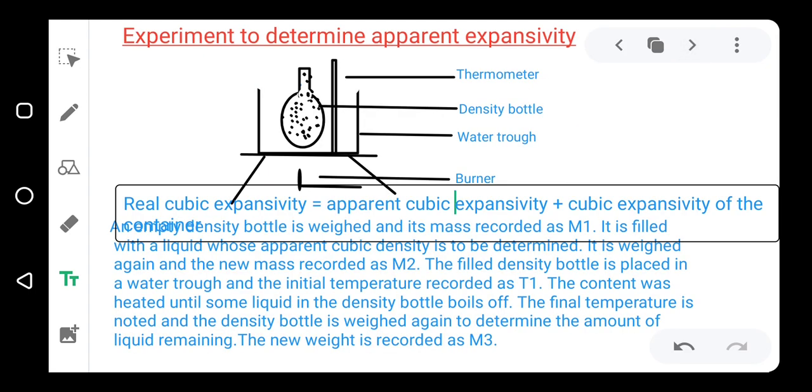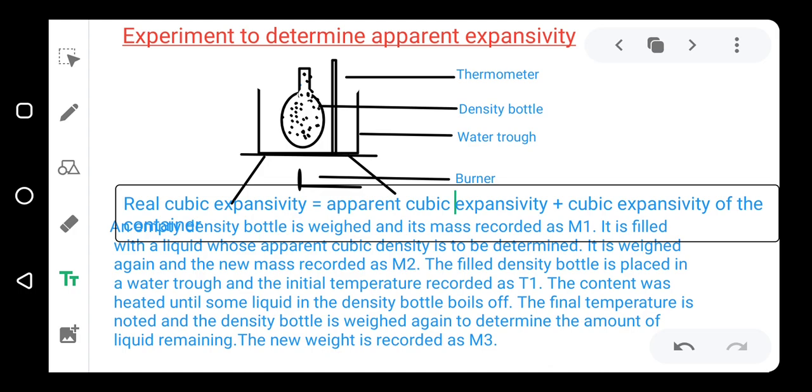Now let's look at an experiment to determine the apparent expansivity of a liquid. If you want to get the apparent expansivity of a liquid, we use the same density bottle we have been using when measuring relative density and the density of liquid.